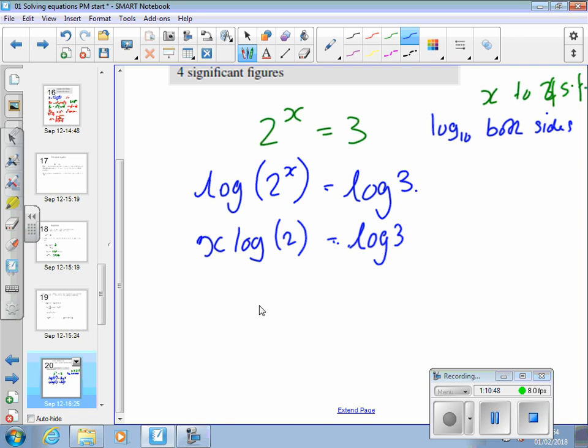No, you can't do that. But what can we do now? Remember, this is multiply in there. So what we're doing is dividing by log 2. That's x times log 2, so if we divide by log of 2, we end up with x on that side.